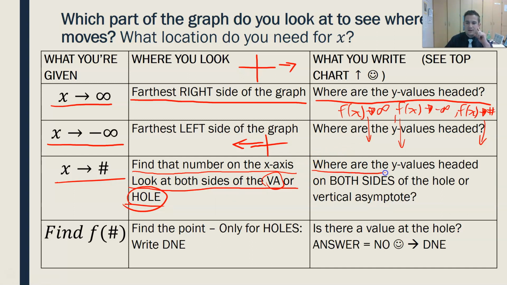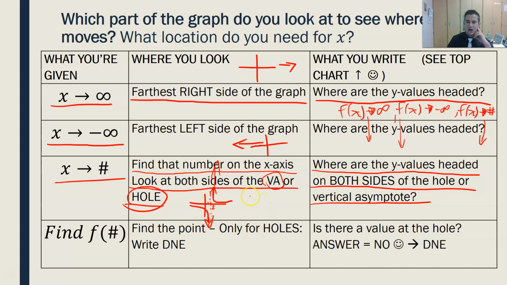I'm going to ask myself, where are the y values headed on both sides of that hole or vertical asymptote? So say I have a vertical asymptote, and say I have a graph that looks something like this. Say this was at x equals 2. As x approaches 2, you'll notice that my graph on this side is pointing way up, and my graph on this side is pointing way down. So f of x would either be approaching infinity, going up, or negative infinity, going down.